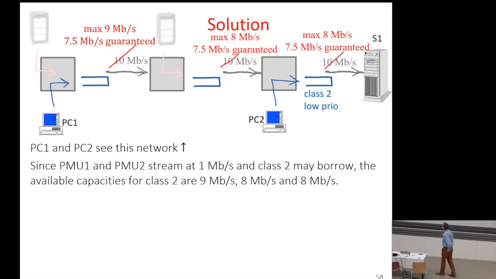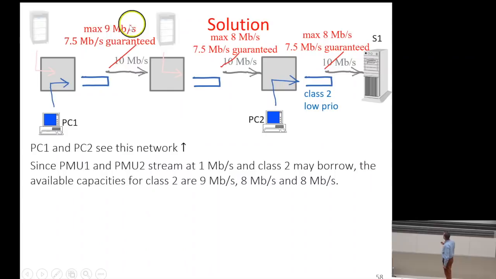So the first thing we could say is, this is the network that we will see here. In fact, for the blue traffic, we have a link here, which is the effect of the scheduler on the blue class. That says, well, you have up to 9 megabit per second and at least 7.5 megabit per second. But we know from the outside the PMU is streaming at 1 megabit per second, so in fact it gets here 9 megabit per second.